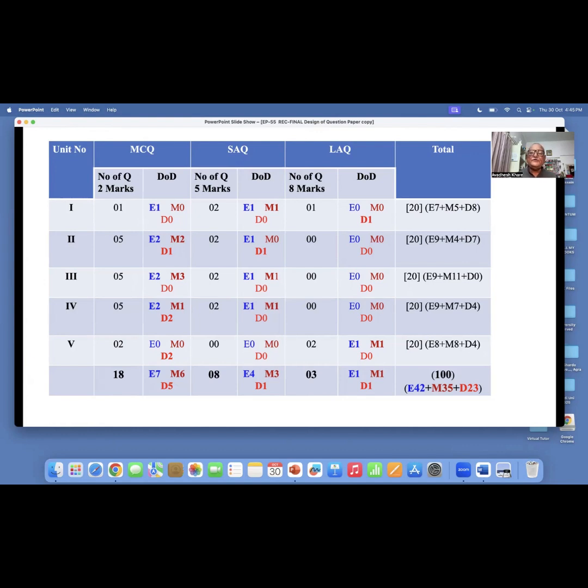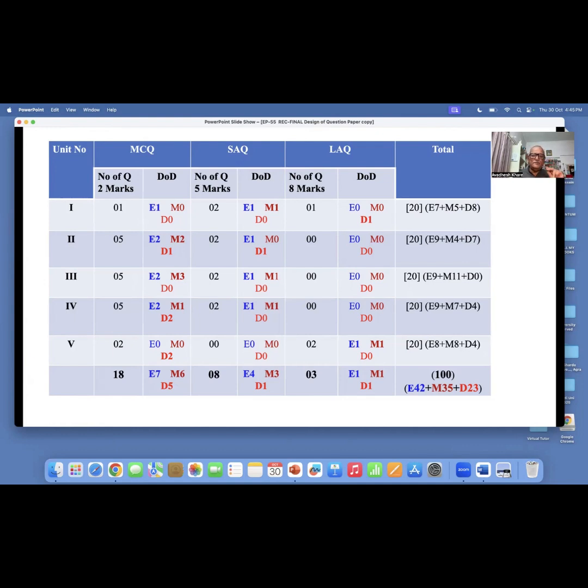Likewise, in the second unit, E9, M4, D7 indicates 9 marks easy, 4 marks moderate, 7 marks difficult. Unit 3, E9, M11, D0: so 9 marks easy questions, 11 marks moderate questions, and there is no difficult question.